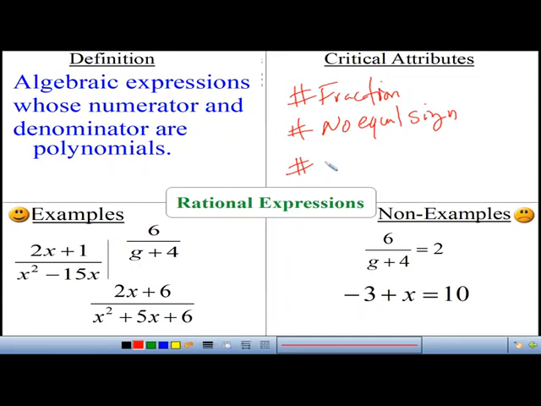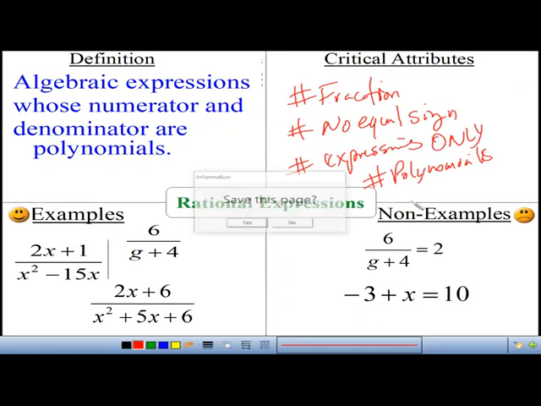Expressions only. Okay. And I'll give you one more hashtag. Polynomials. All right, we good? Yes, Mr. Q. All right, let's move on.